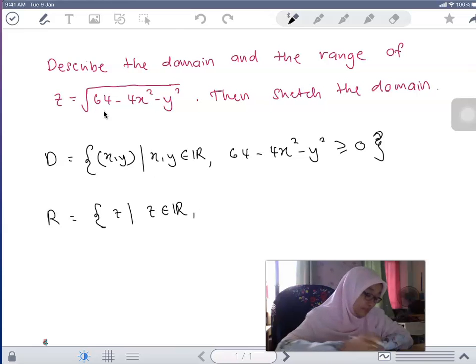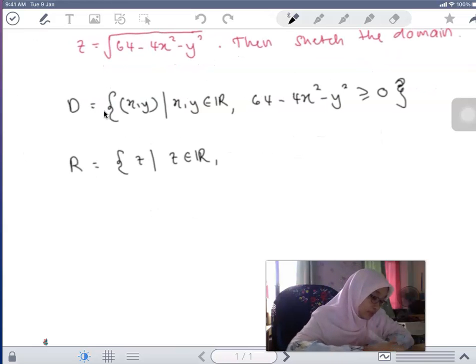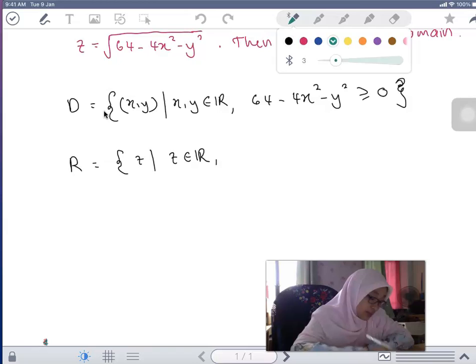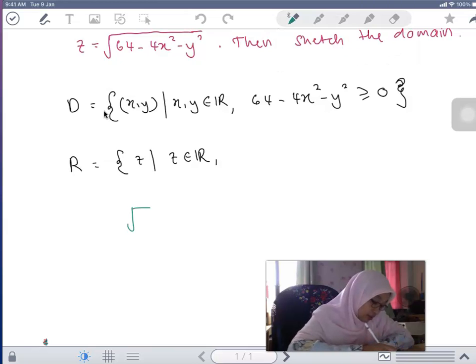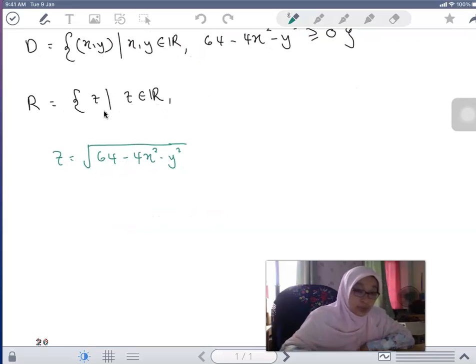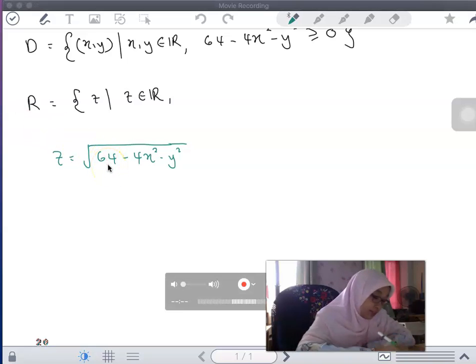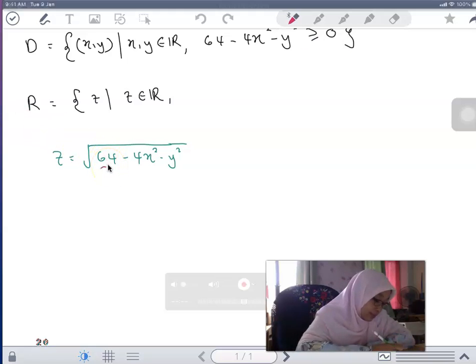Okay, now to analyze that one, I just copy the z function, minus 4x squared minus y squared. So now we focus first on the value inside the bracket, this one.